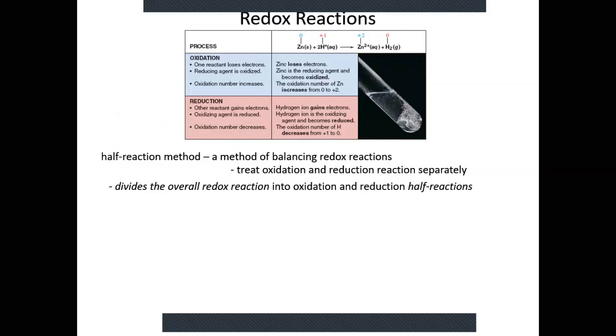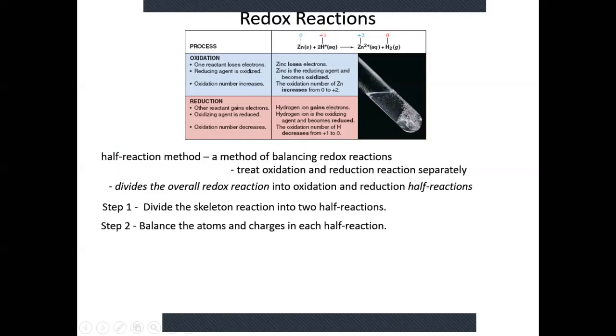Now we're just going to look briefly at balancing redox reactions using the half reaction method. What that does is treat the oxidation and reduction reactions separately, so we divide it into half reactions. The first step is to divide the skeletal reaction into its two half reactions, so we have to determine what's being oxidized and what's being reduced. Then we balance the atoms and charges in each half reaction.